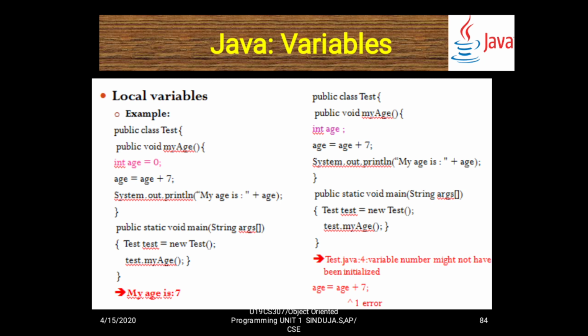Okay, ma'am. One more point we have insisted to be kept in memory. So what is that, ma'am? In the sense, the local variable doesn't have any default values. So you need to initialize that variable. That is why I have given equal to 0. I have initialized my local variable with 0 value at first.